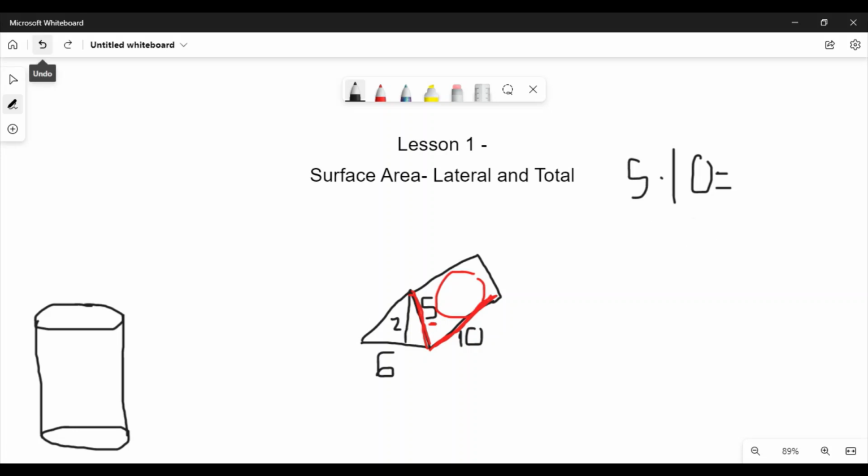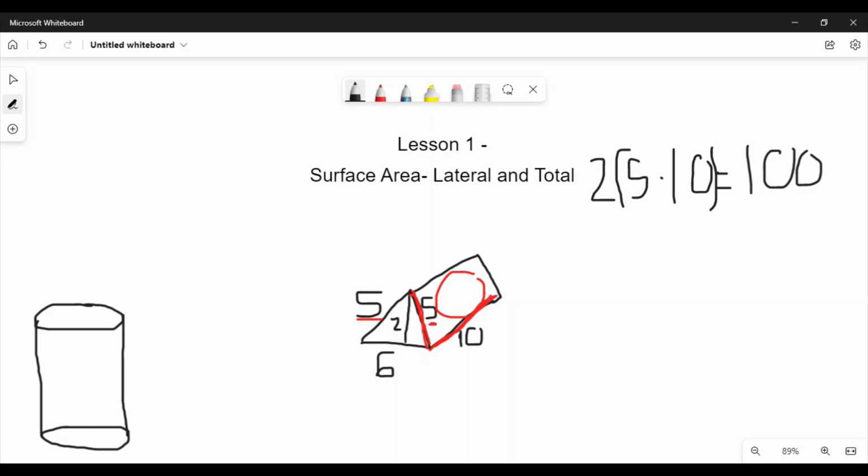But since I drew out the same length for both, it's alright, and we can do times 2 because they're the same length. So it would be the same on both sides. So it's 50 times 2, it's 100.